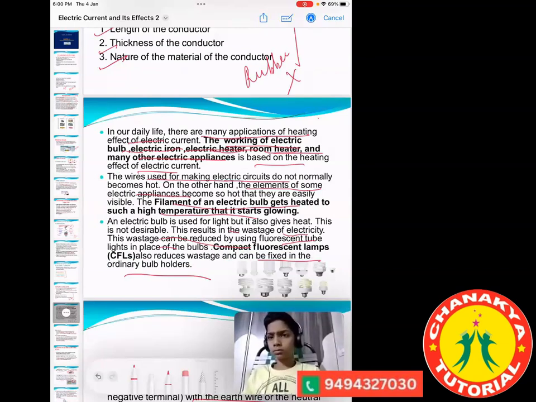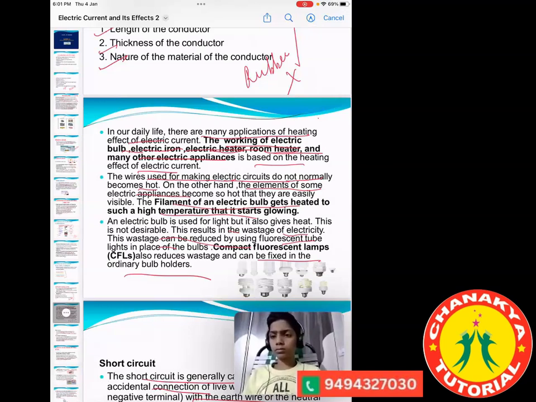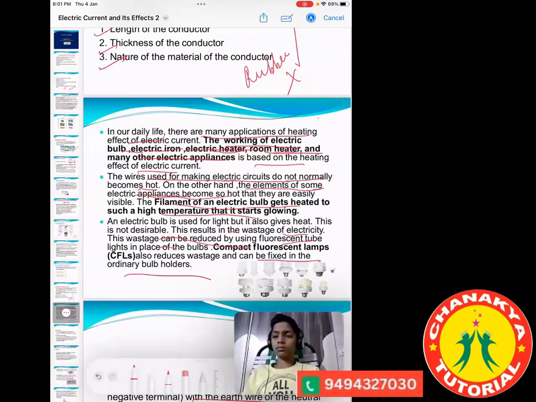The wire used for making electric circuit does not normally become hot. So we know sometimes it becomes hot, but most of the time the wire which is used does not become hot. Whereas the elements of some electrical appliances become so hot that they're easily visible.